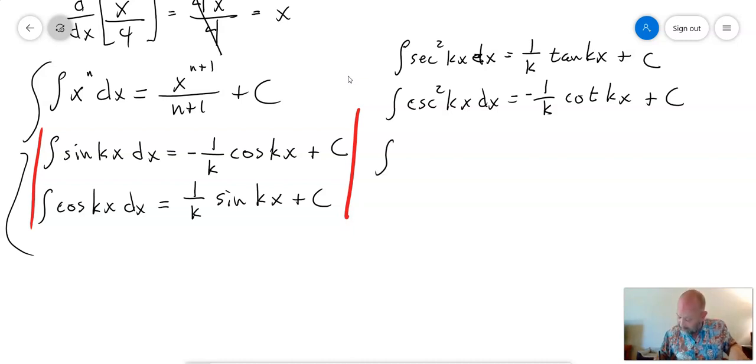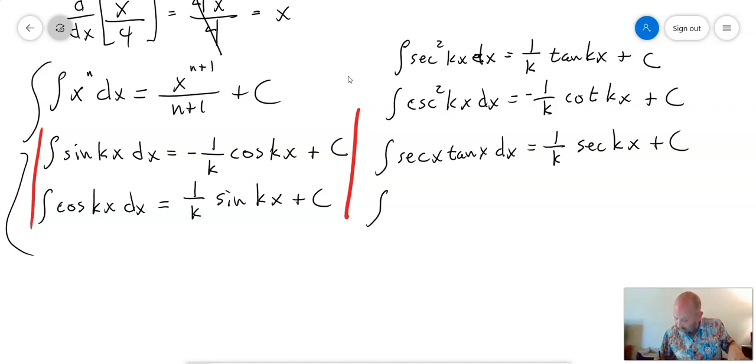Let's see what else we got here. The integral of secant kx tangent kx dx is going to be 1 over k times secant kx plus a constant.